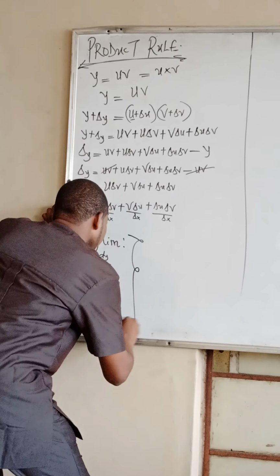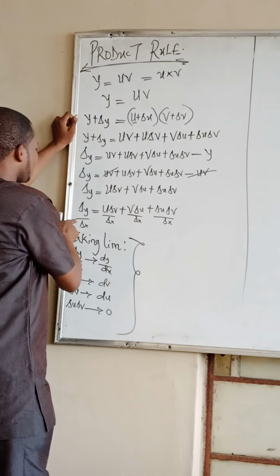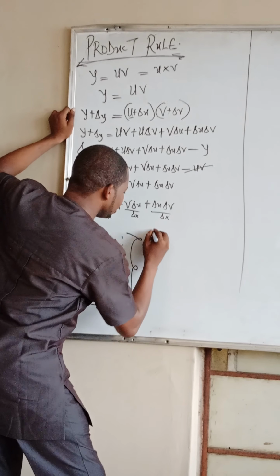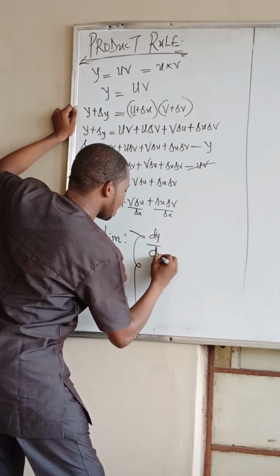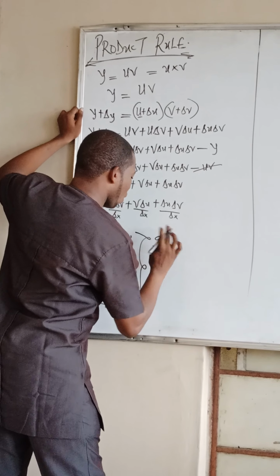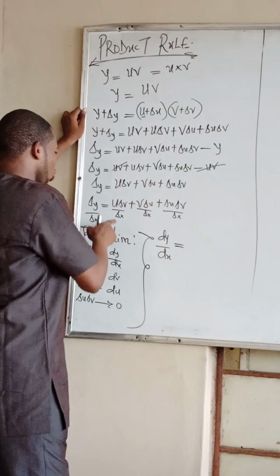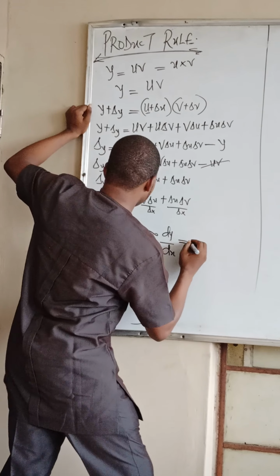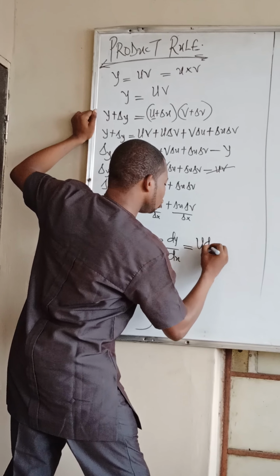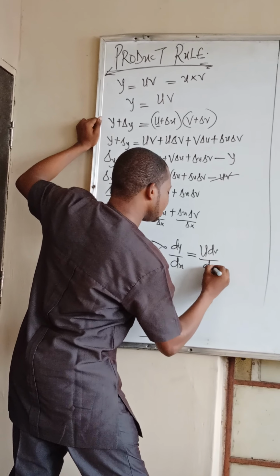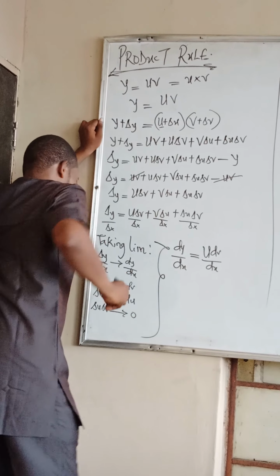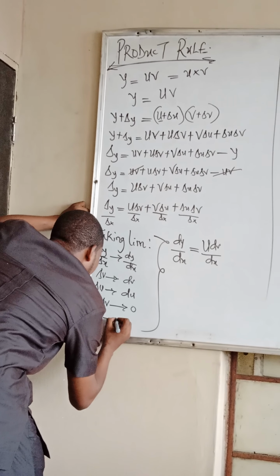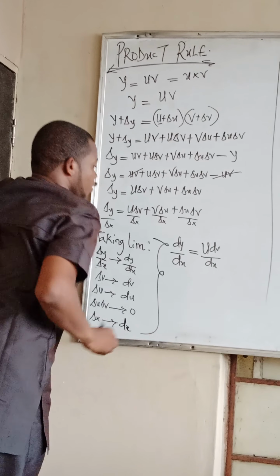So having established this fact, I now have that change in y over change in x, which has turned to dy/dx, is equal to u change in v over change in x, which has now become u dv over dx. Yeah, I need to replace the point: change in x turns to dx.